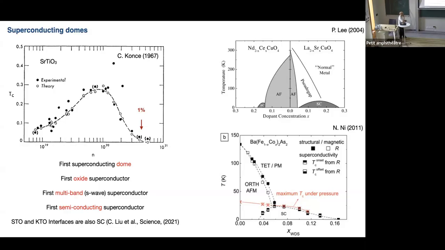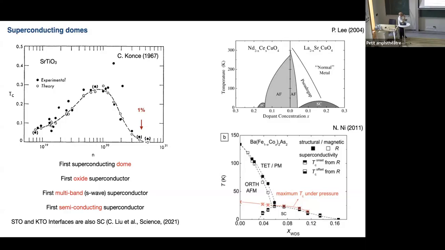There are a couple of things to highlight here. The first one is that the TC spans a couple of decades, 3 decades, as I will show you. And there are actually two significant differences with this compound. The first one is that it ends at 1%. This is extremely low compared to the case of cuprate.